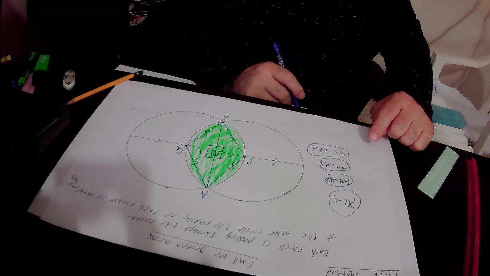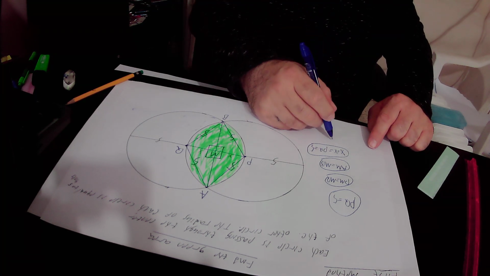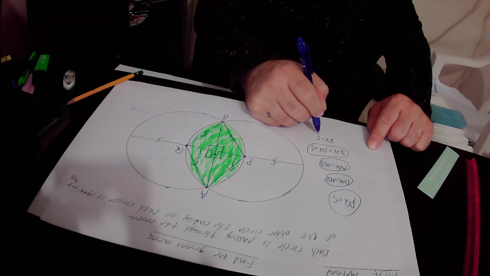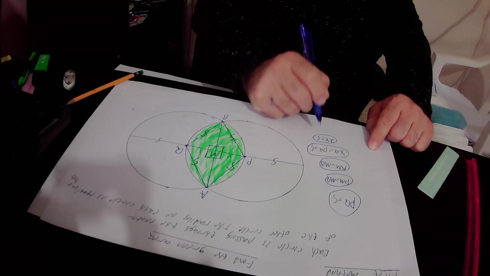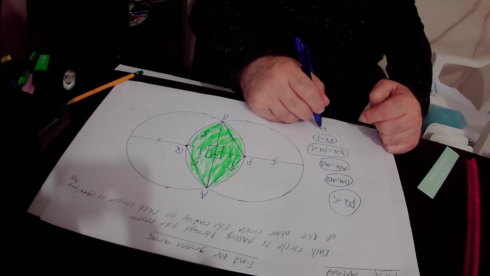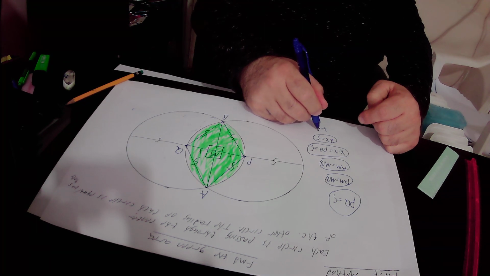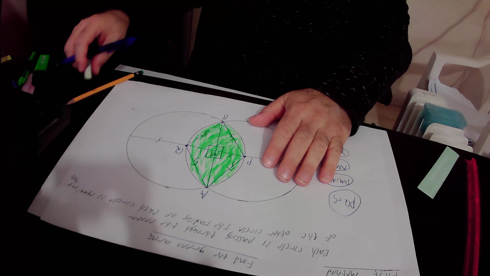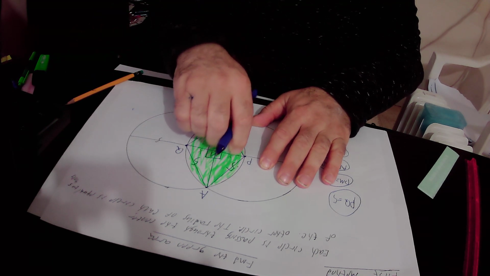So X plus X is 2X, and 2X equals 5. Here we will divide this equation by 2, and we will get that X equals 5 over 2 units.